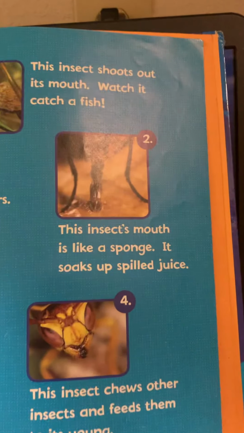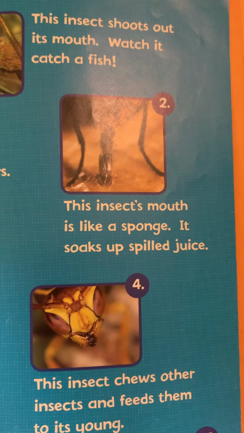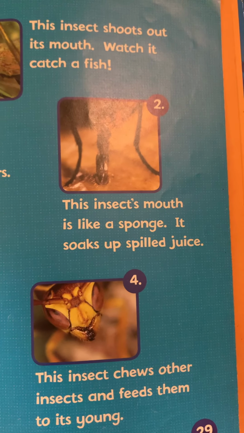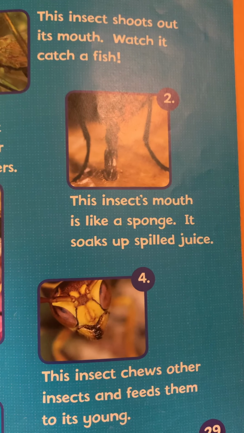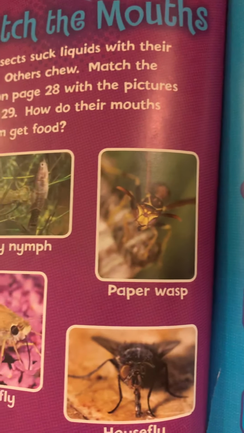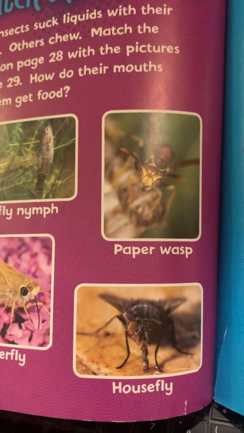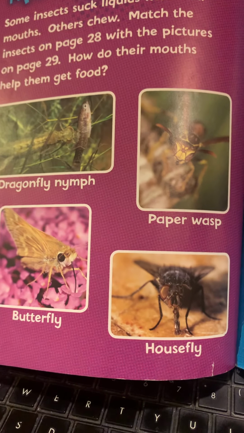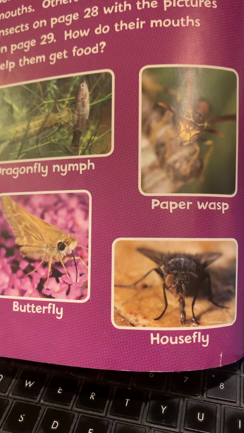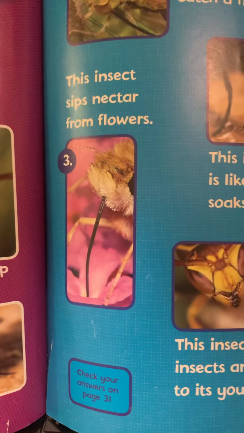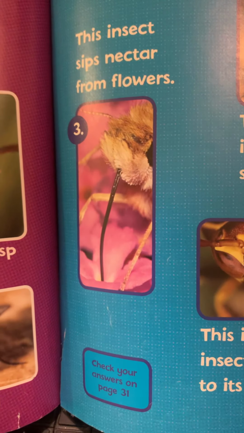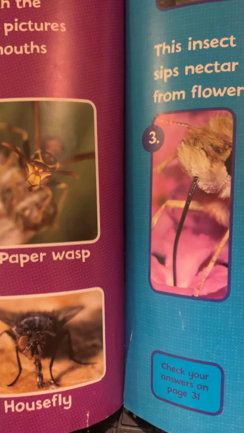Here's number 2. This insect's mouth looks like a sponge. It soaks up spilled juice. I wonder which one soaks up spilled juice. Number 3, this insect sips nectar from flowers.